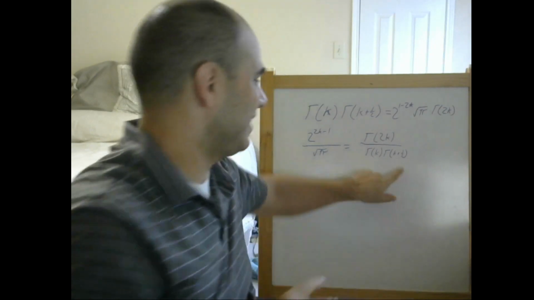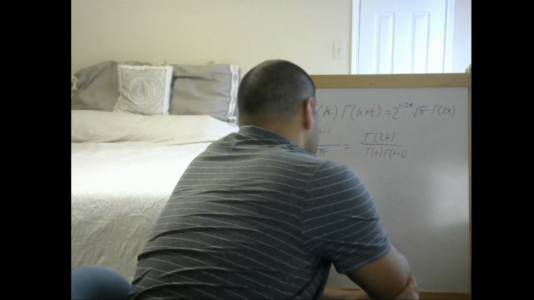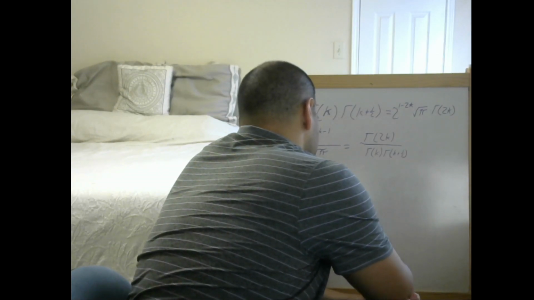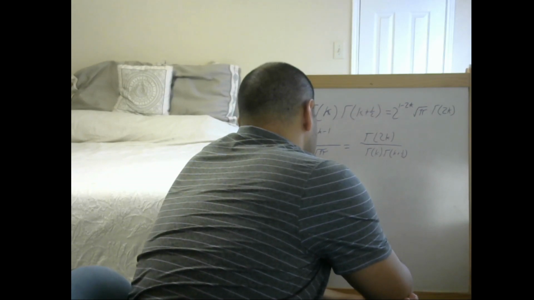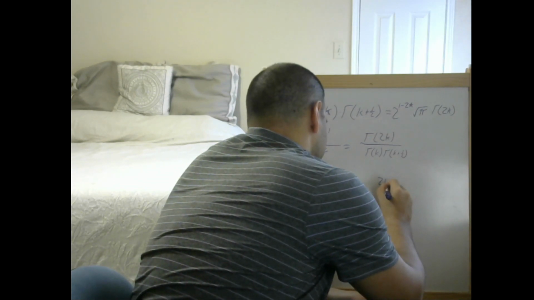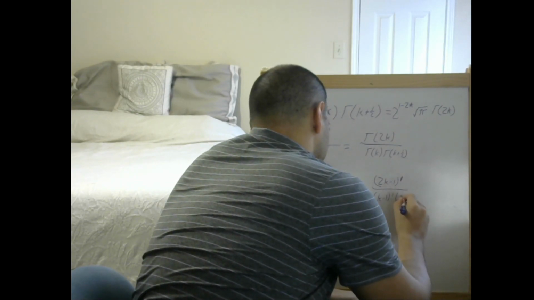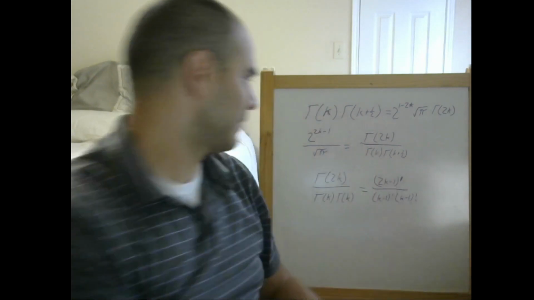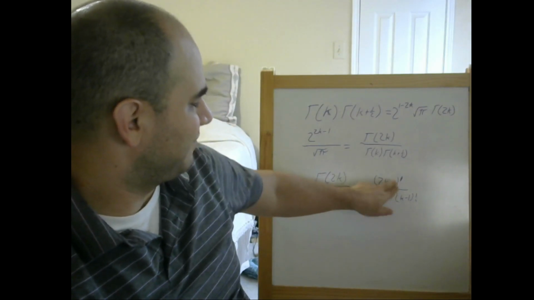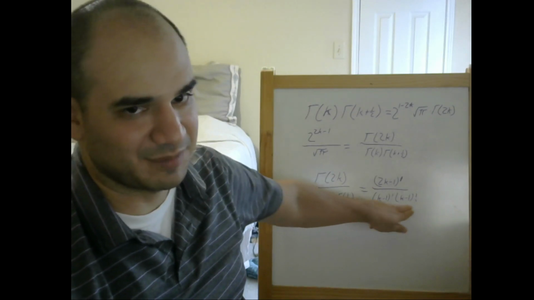Right. Okay, so let's just note that if this were k, right? So then we would have something that looked like this: 2k minus 1 factorial divided by k minus 1 factorial times k minus 1 factorial.